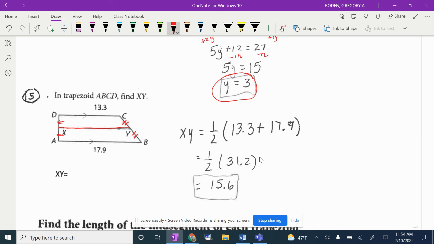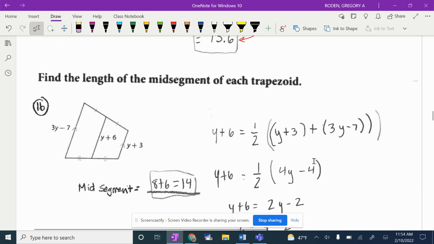So we add the two bases up. One base is 13.3. The other base is 17.9. We add those up and get 31.2. Take half of that and we get 15.6 for x, y.